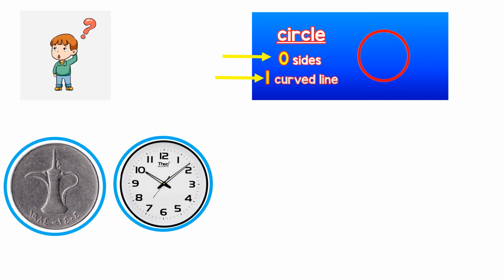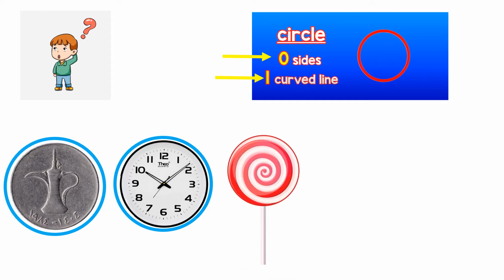Now let's see what is the next object. It is a lollipop. Do you all like to eat lollipop, children? Yeah, it's so yummy. Now can you look at the shape of the lollipop? Yeah, it's round and round. Very good, children. Great job. Now let's see the next slide.